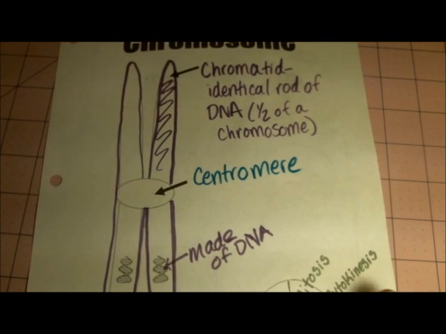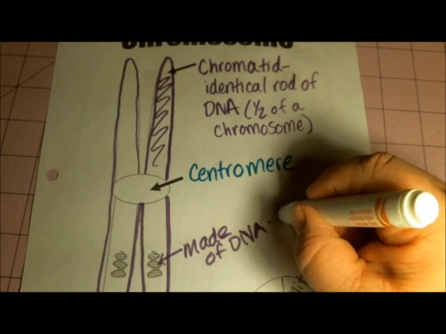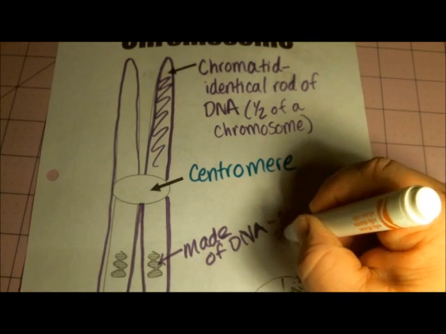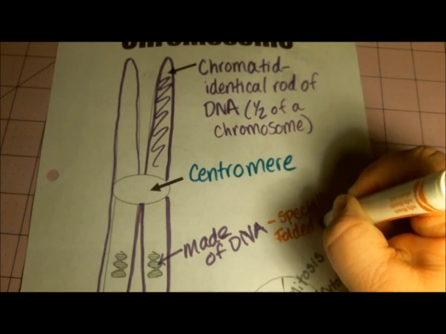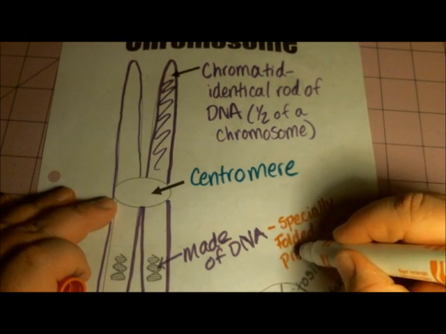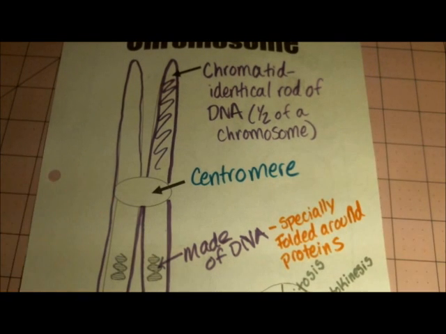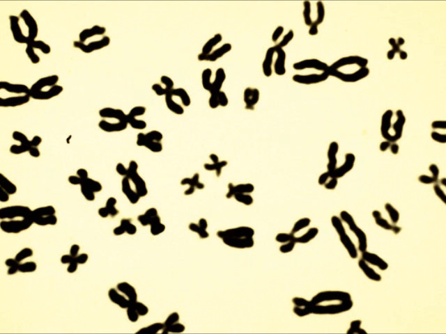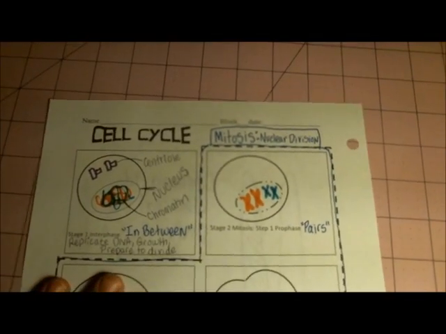So the whole chromosome is made of DNA that's been specially folded around proteins. So that's what we mean when we say it's condensed. Here's a picture of someone's chromosomes. It could be yours. So let's flip back to the front and take another look at prophase, or pairs.